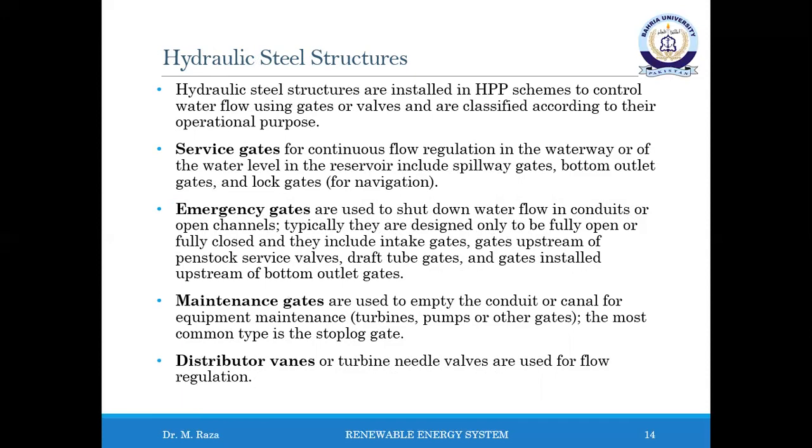The maintenance gates are used to empty the conduit or canal for equipment maintenance, that is turbine, pump, or other gates. The most common type is the stop-log gate. The distributor vanes or turbine needle valves are used for the flow regulation.